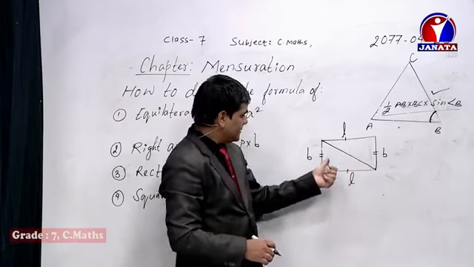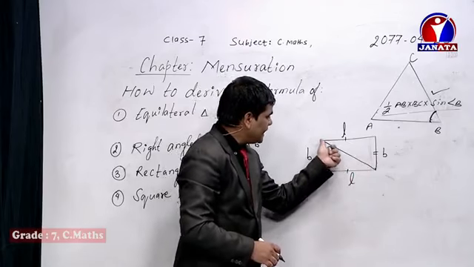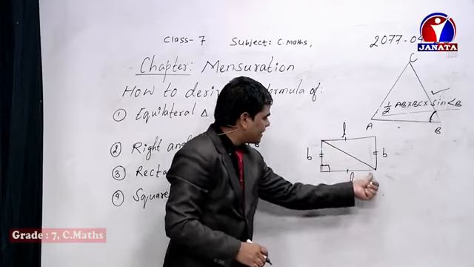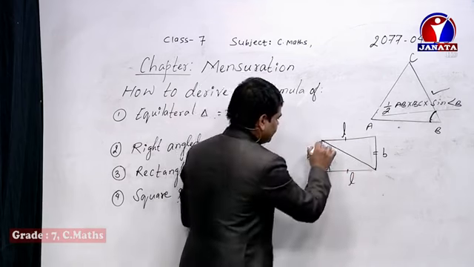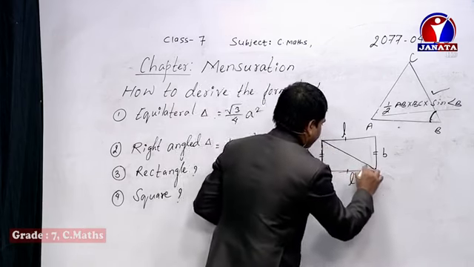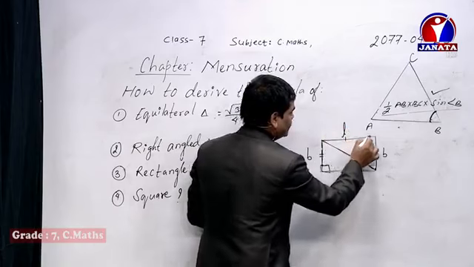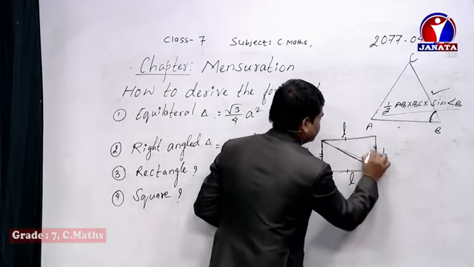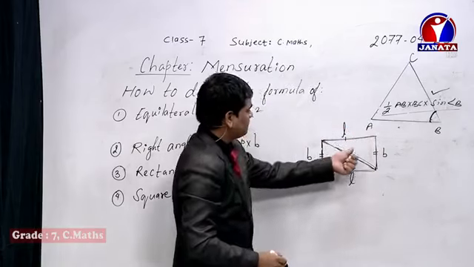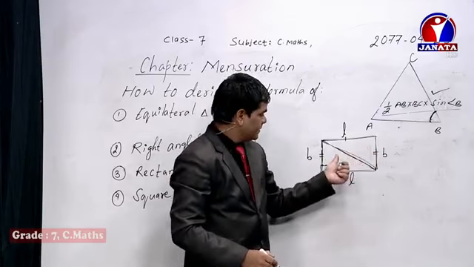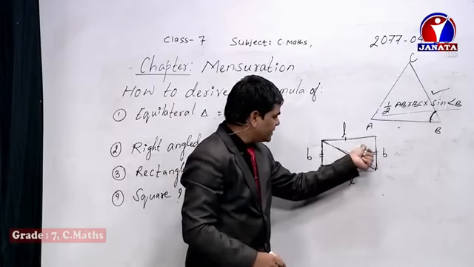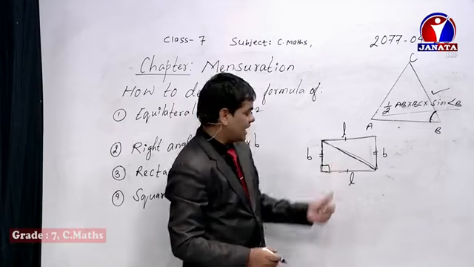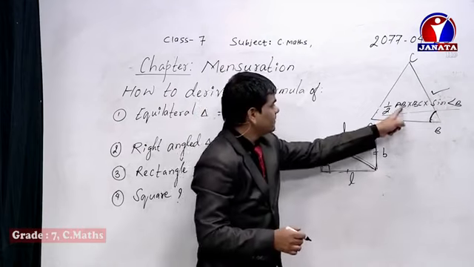If we are able to find out the area of just this one triangle, then we can find out the area of this triangle as well, because it is equal to this triangle. So let's find out by using this concept.